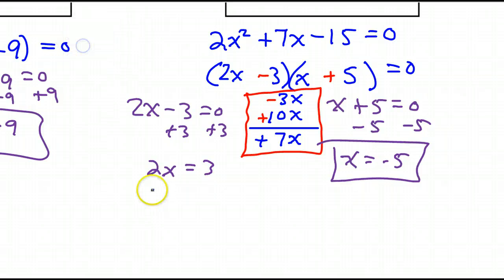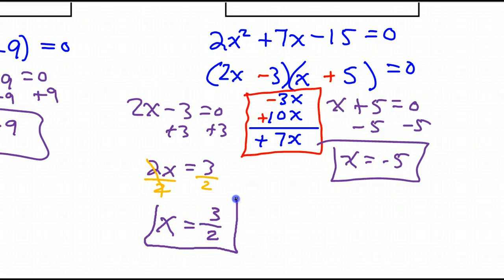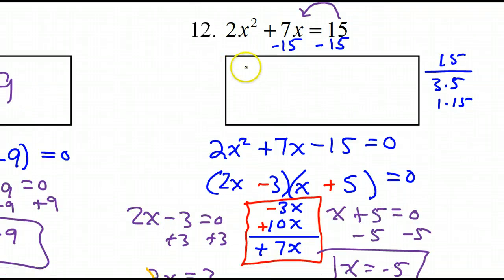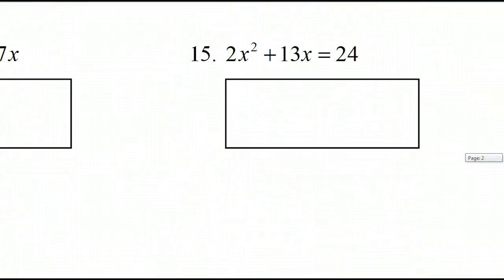Divide both sides by 2. So it's 3 over 2 and -5. Okay, what else we got?